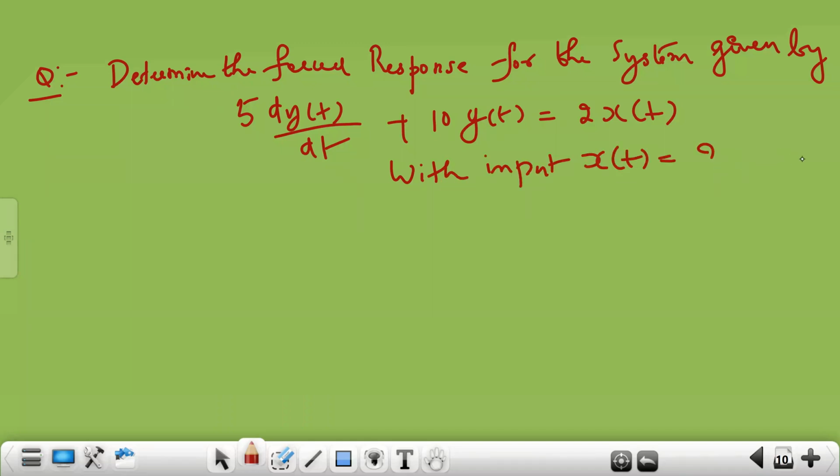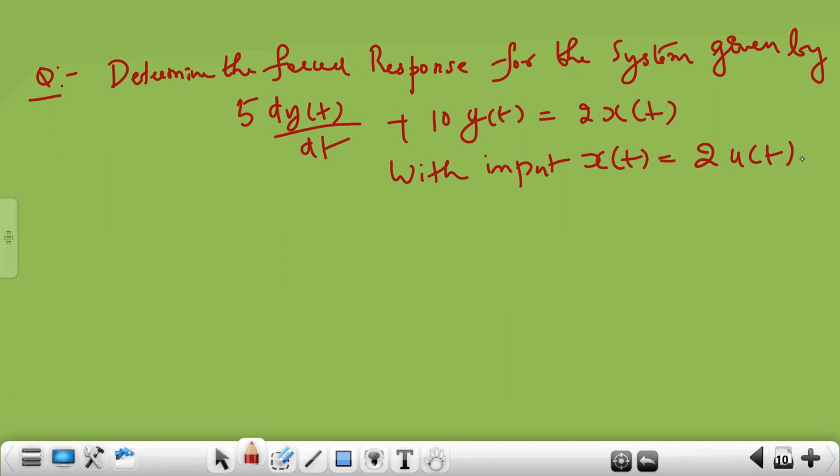So in the earlier problems, we were not given your input, isn't it? But in this we have input because we are about to find the forced response. That is why they have given the input x of t. So based on this input x of t, we need to find the particular solution as well as the natural response, and then we need to add.